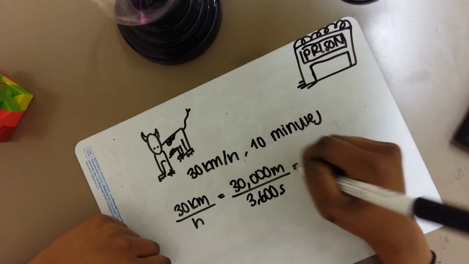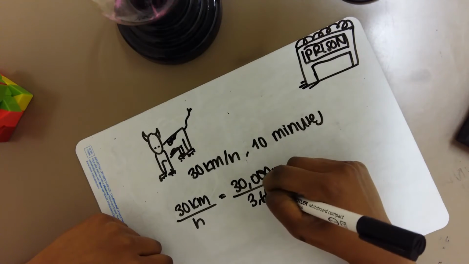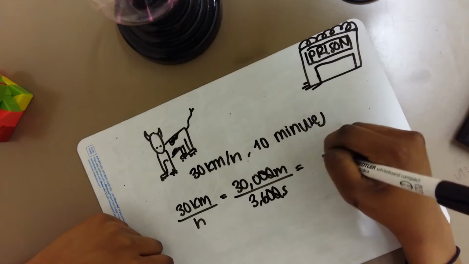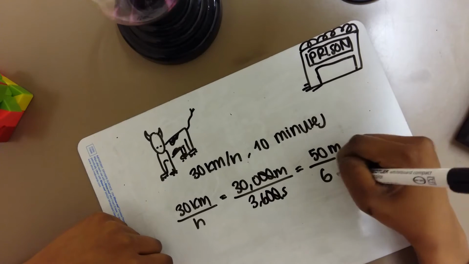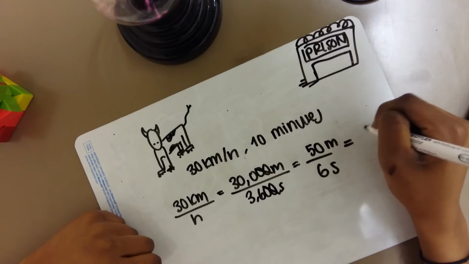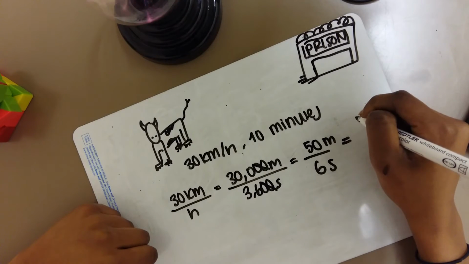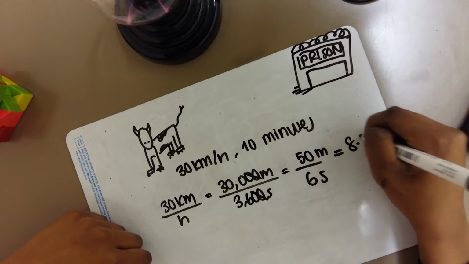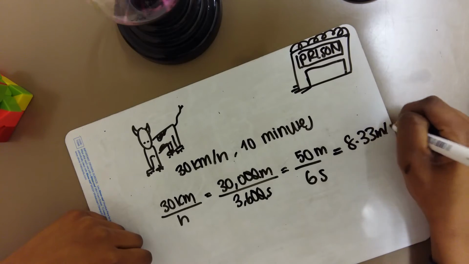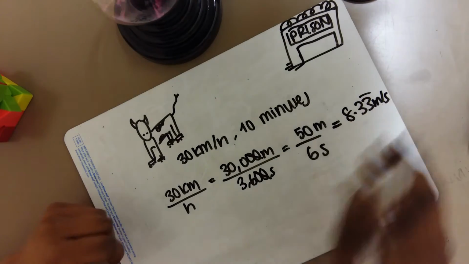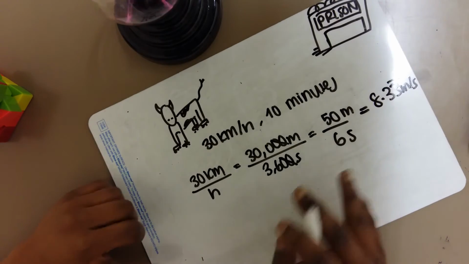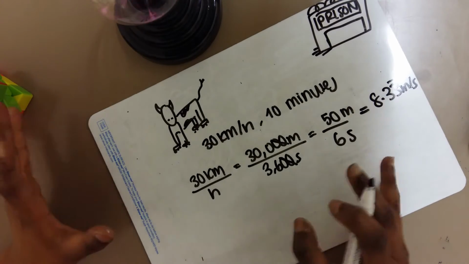And that simplifies to, if we cross out these two zeros and those two zeros, we get 50 over 6 meters per second. And that is equivalent to 8.33 meters per second, and that's a repeating decimal. We can just write it like that. Do not round. We'll try and keep the values as accurate as possible.